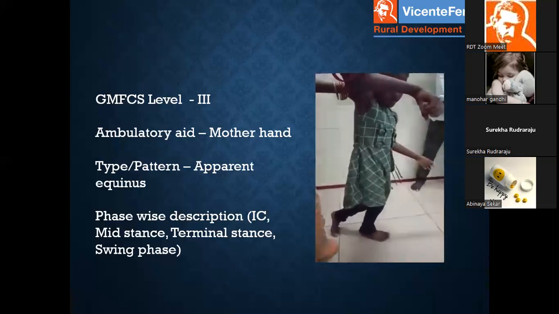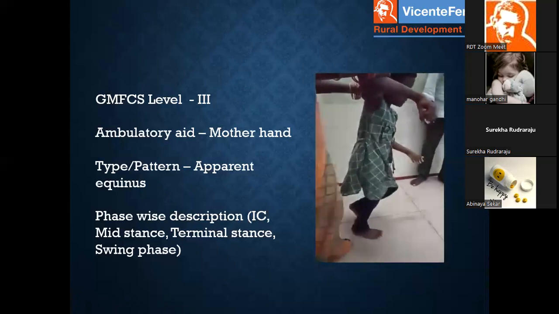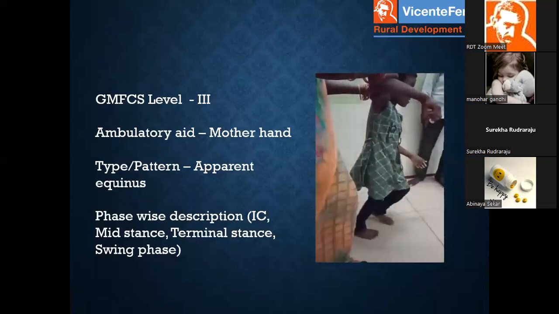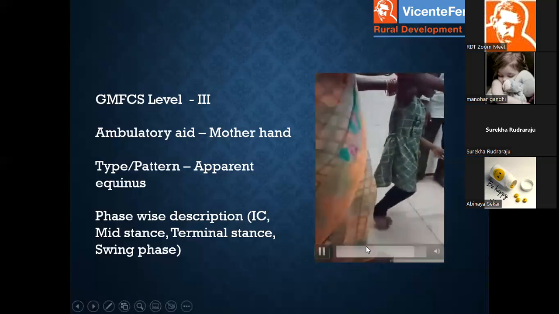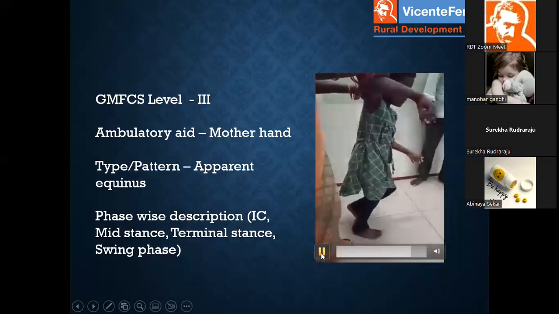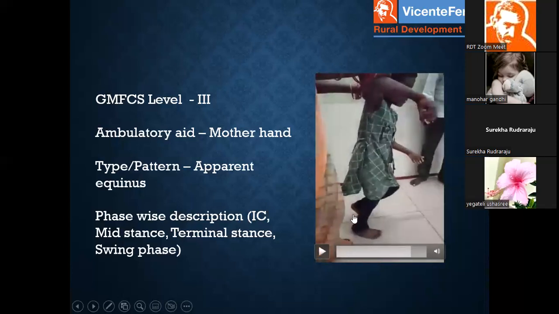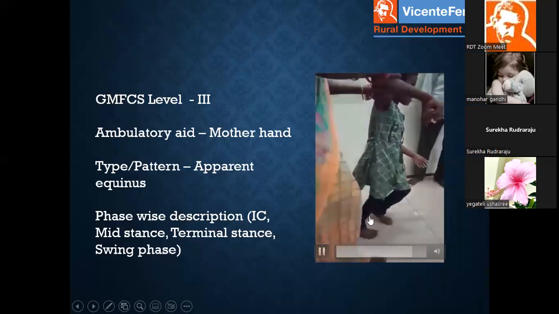Whether it is diplegia or hemiplegia? So in the right foot, it is almost flat in the stance phase. Is it clear? Are you able to observe here? Whereas in the left leg, it is not flat.